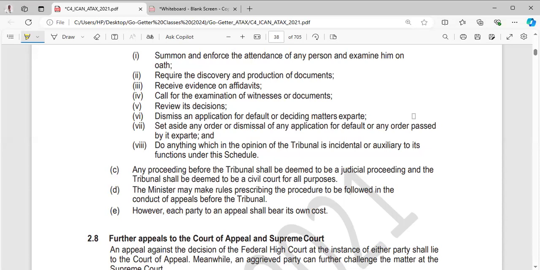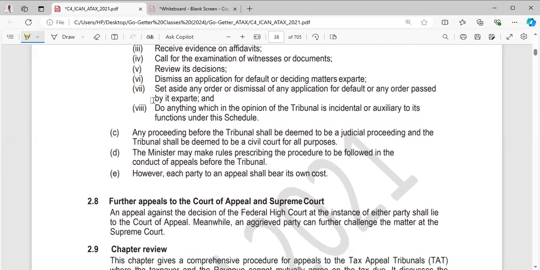So that's for the tribunal. But here, for the High Court, it is a court on its own. So the court decorum should be attained. So the court will rule and it may favor one party or the other party, or they may dismiss the case, as the case may be.